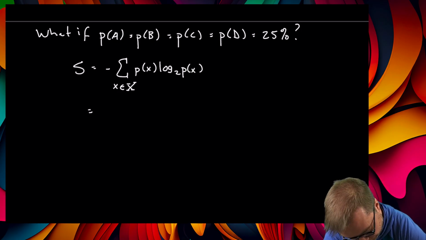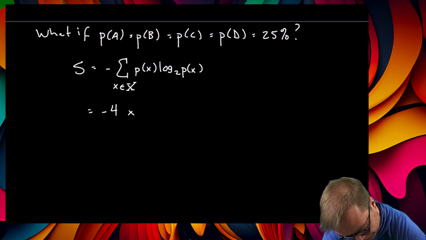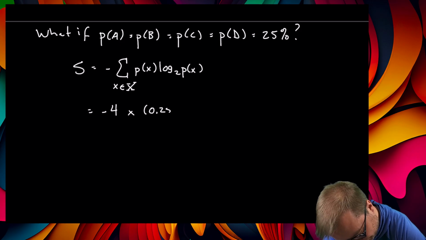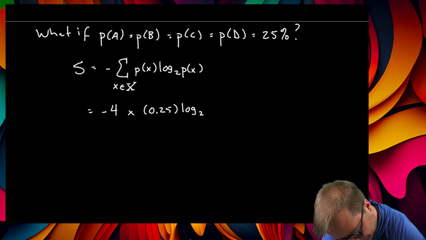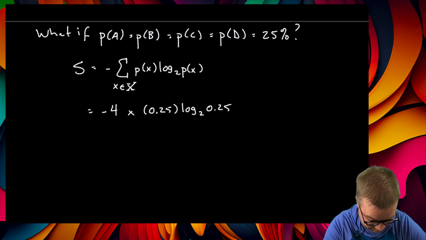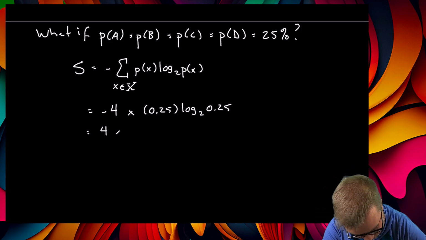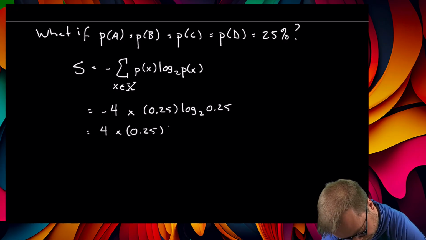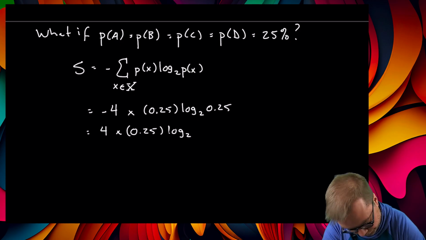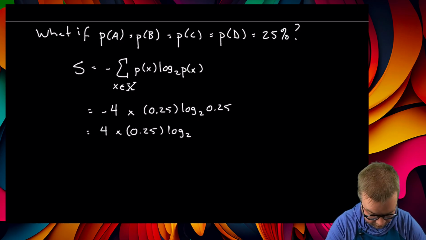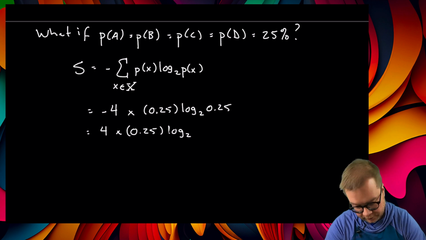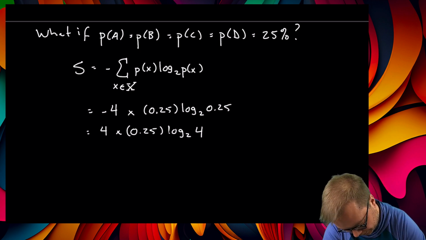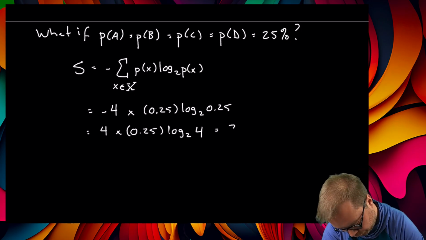So this is actually equal to minus 4 times 0.25 log base 2 of 0.25, which again is the same thing as 4 multiplied by 0.25 log base 2 of, we bring the minus sign in, so this becomes 1 over 0.25, log base 2 of 4. And so this becomes 2.